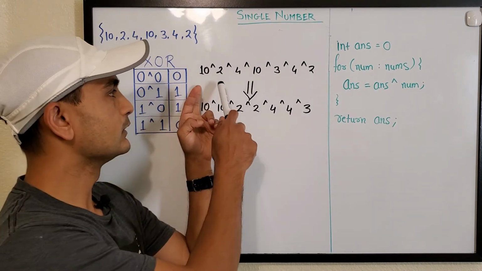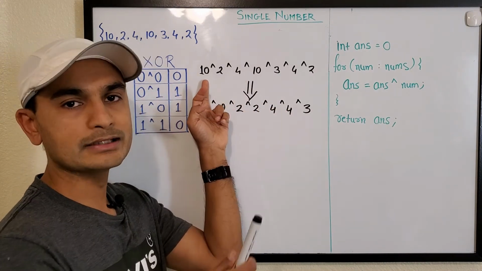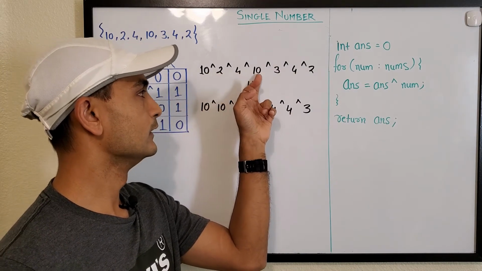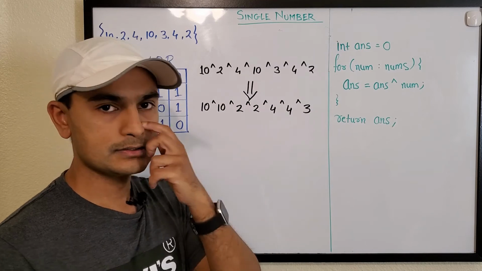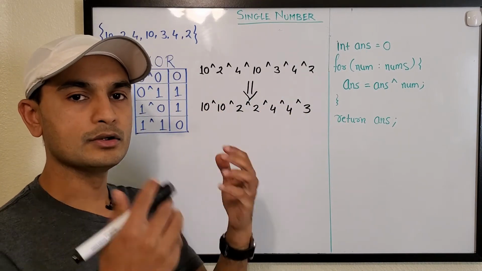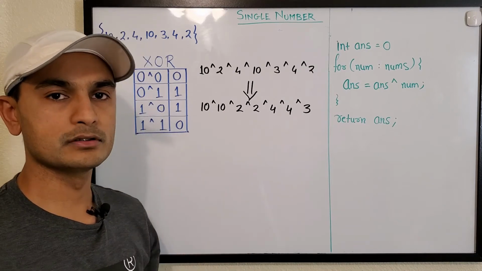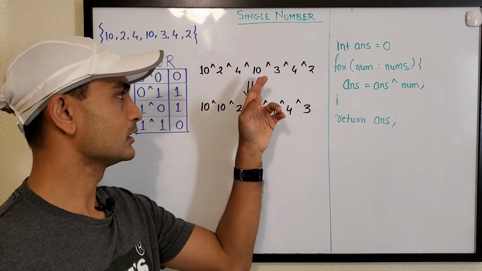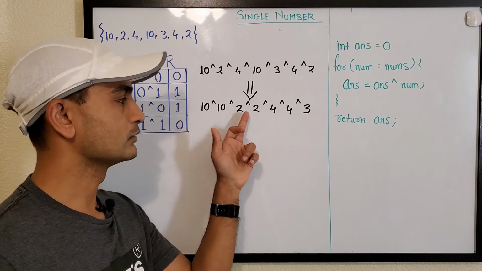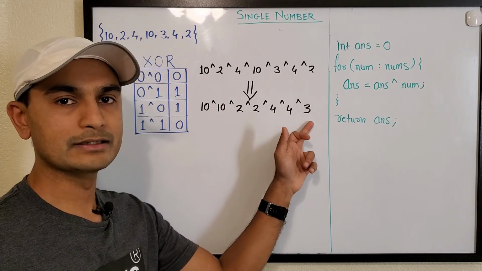So let's look at this array. We XOR all the numbers: 10 XOR 2 XOR 4 XOR 10, and likewise. What'll happen is all the similar bits will turn to 0, and the only remaining bits would be the different bits. So if we rearrange this array for simplicity, it'll look like 10 XOR 10, 2 XOR 2, 4 XOR 4, and XOR 3.